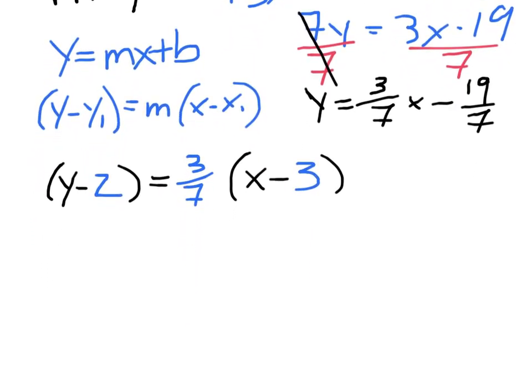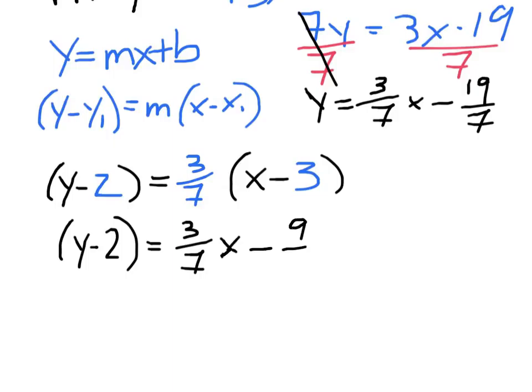So we wind up here with y - 2 = 3/7 (x - 3). We multiply this times that, and then this times that. So 3/7 times x, 3/7 x, and then 3/7 times minus 3 is minus 9 over 7.